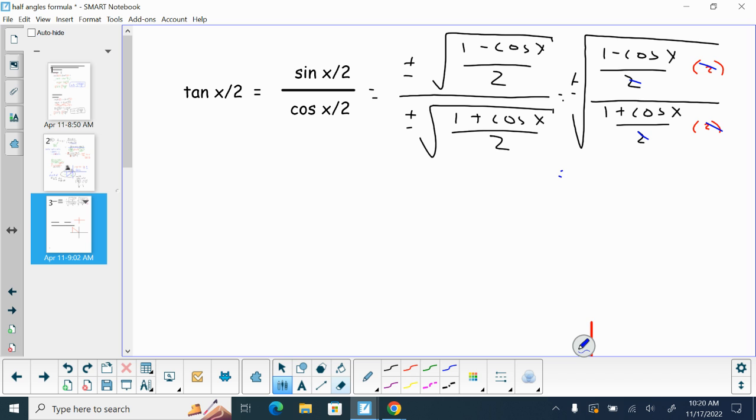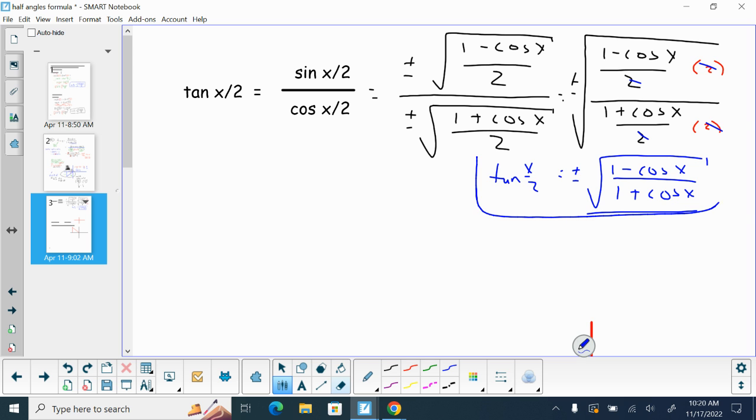So we are left with plus or minus square root of 1 minus cosine of x over 1 plus cosine of x, which looks a little nicer. And it's sort of nice because all these things are just dependent on the cosine. So I don't really need to know the sine, I just need to know the cosine.